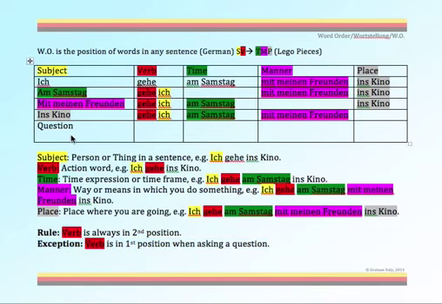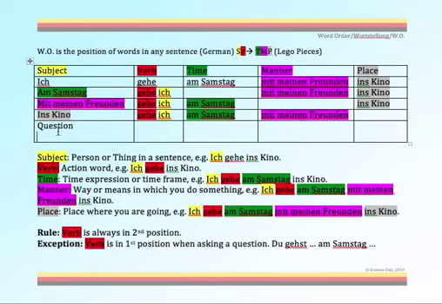So if I were to say you are going on Saturday to the cinema, it would be du gehst. Du gehst am Samstag mit meinen Freunden ins Kino.